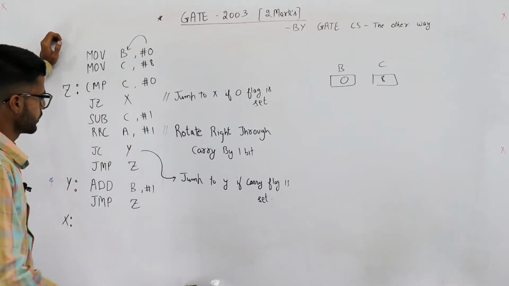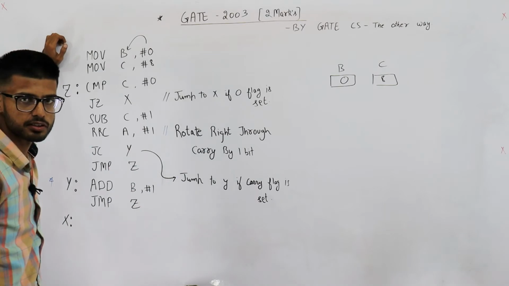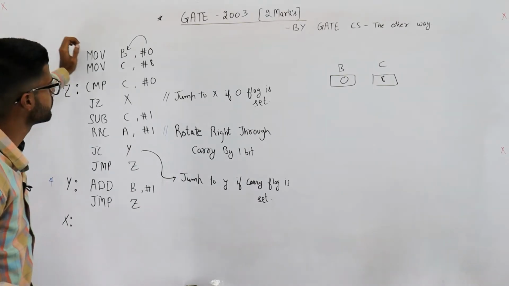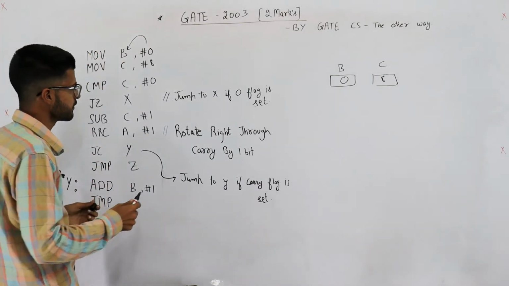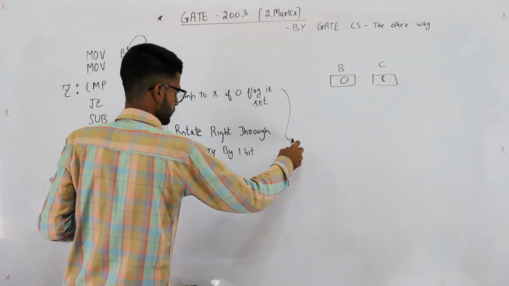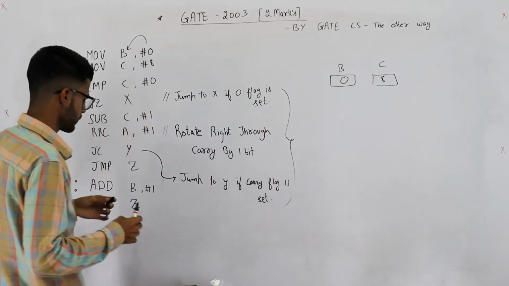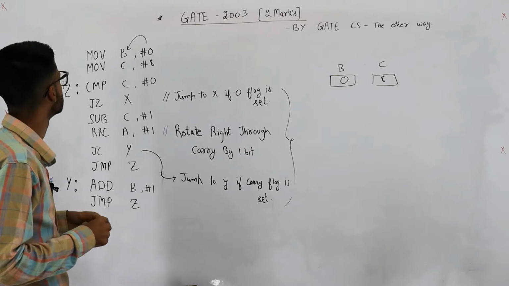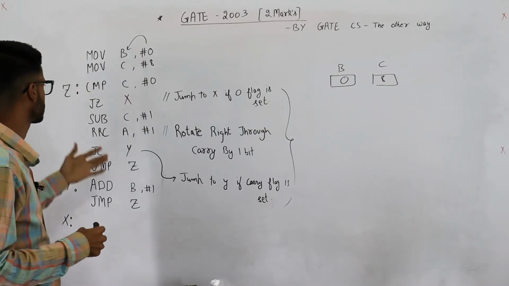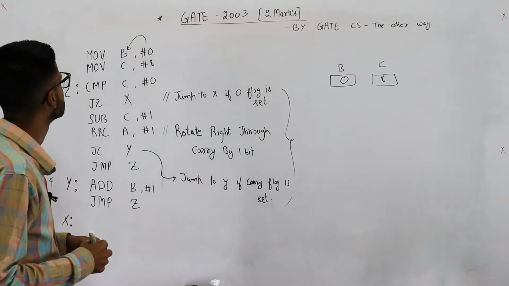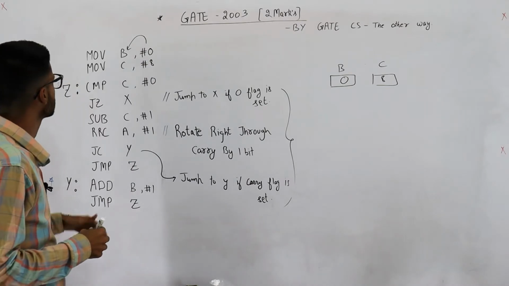First of all, with every instruction they have mentioned some comments. I've written only these 3 comments because the rest of the instructions are self-explanatory. Like MOV is for moving data, CMP is for comparing. So let's start this question.